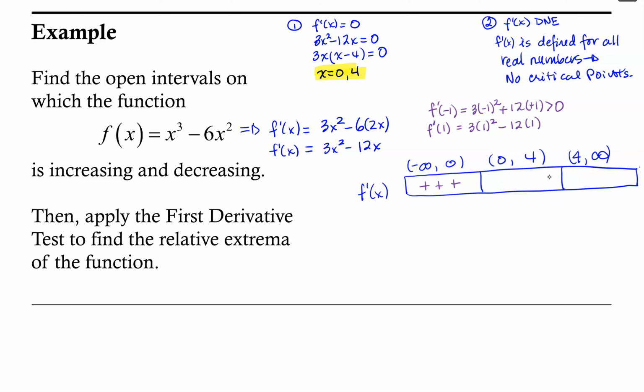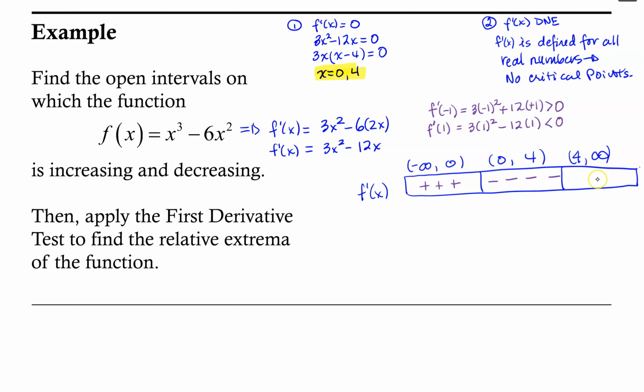Now notice this time this second term is not going to become positive. And this second term is larger in magnitude. So when I do this subtraction, I'm actually going to end up with a negative number. So the derivative is negative in this interval from 0 to 4.